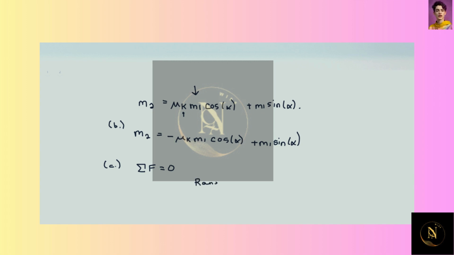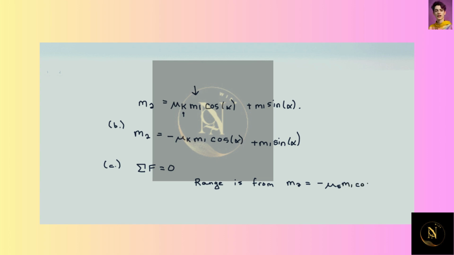And so we'll see that the range is from m2 is equal to negative mu s m1 cosine alpha plus m1 sine alpha. I'm pretty much borrowing this result, except I'm replacing the coefficient of kinetic friction with the coefficient of static friction.